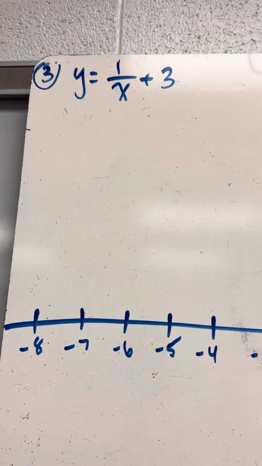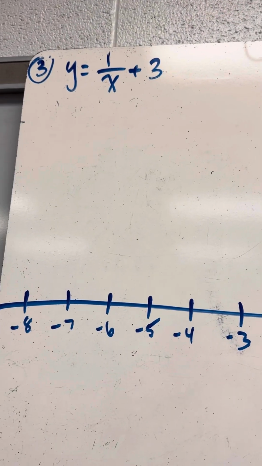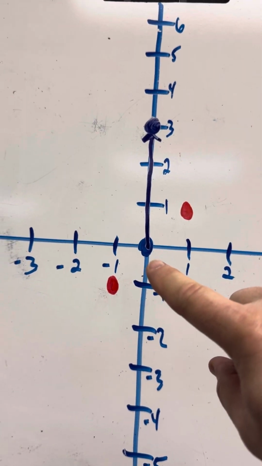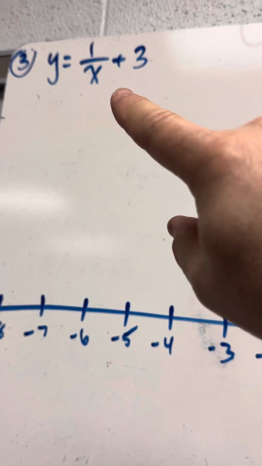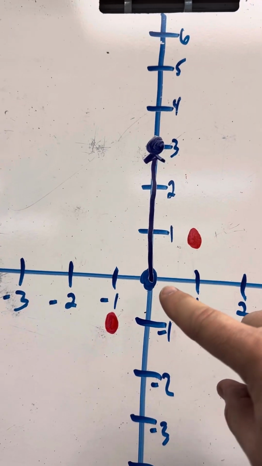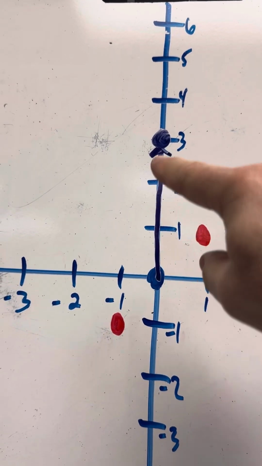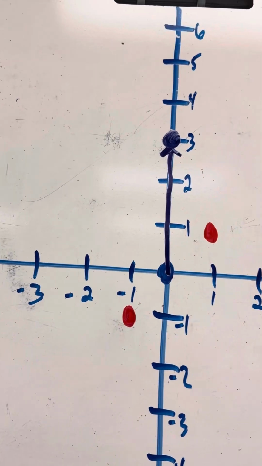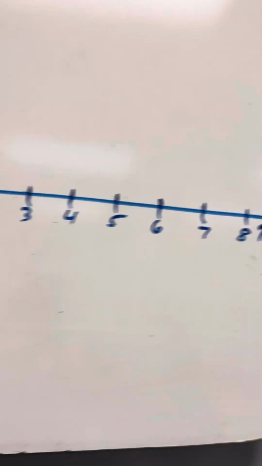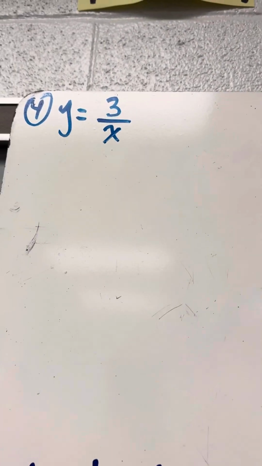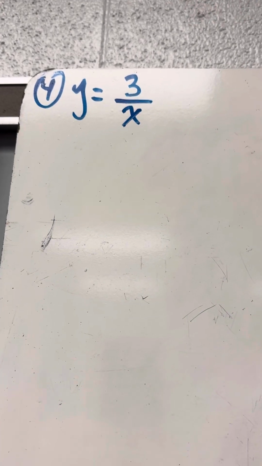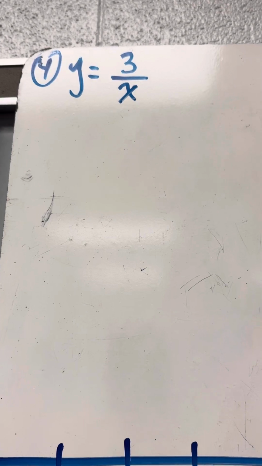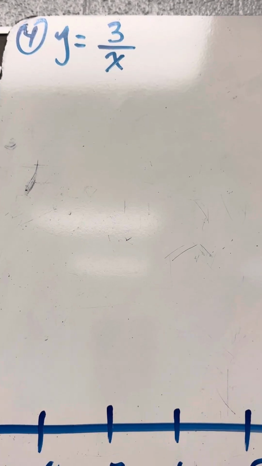Over here, 1 over x plus 3. Still, x in this problem can't be 0. So this guy doesn't move, but you are going to go up 3. So you just click and drag the middle one up 3, and you're done. Everything will drag with you. Okay? Y equals 3 over x. First of all, 0 still will not work.